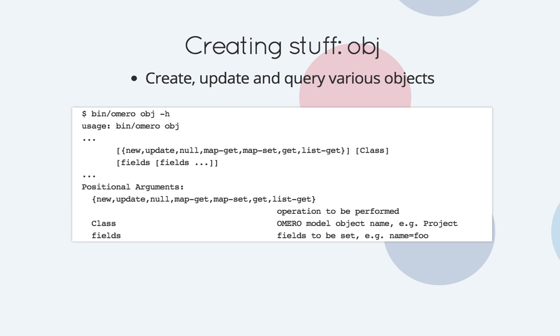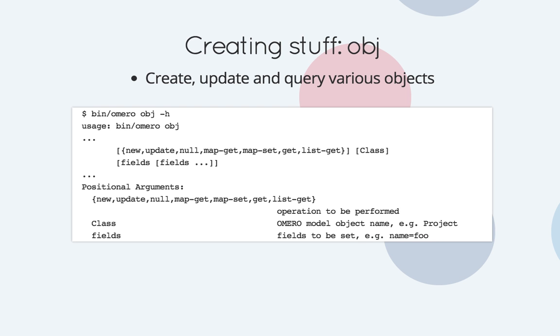So, creating stuff using obj. As I said, this is the workhorse of the data creation commands. This pretty much allows us to create any object in the system that can be created from the command line. We can create new objects, update existing ones by setting fields, and nullify fields on existing objects.